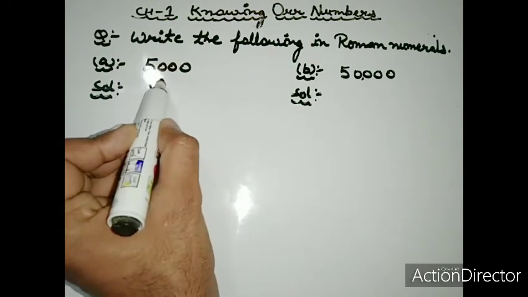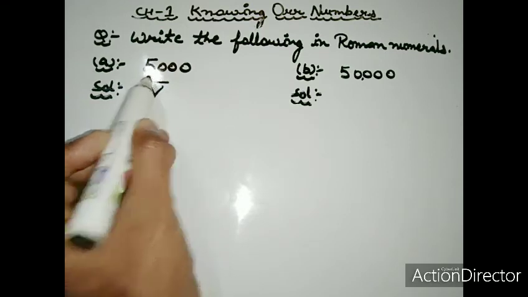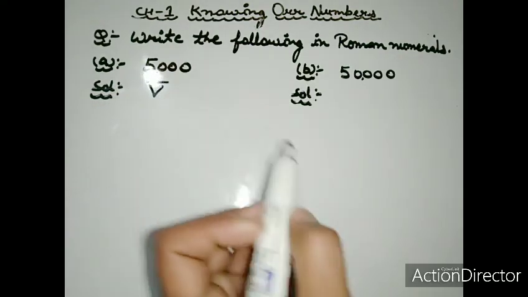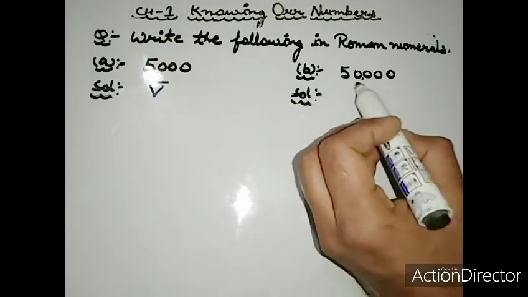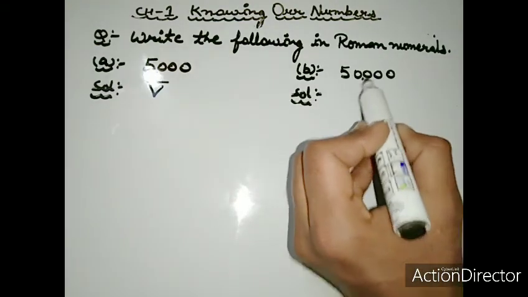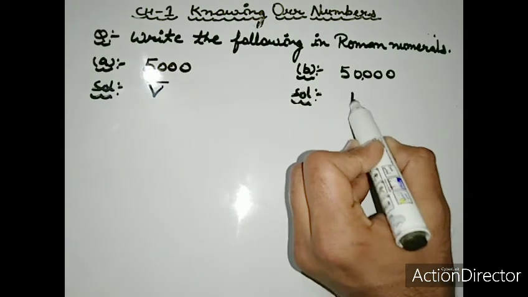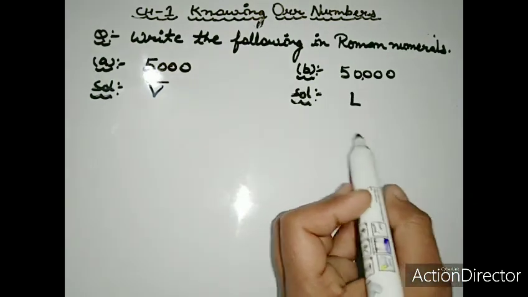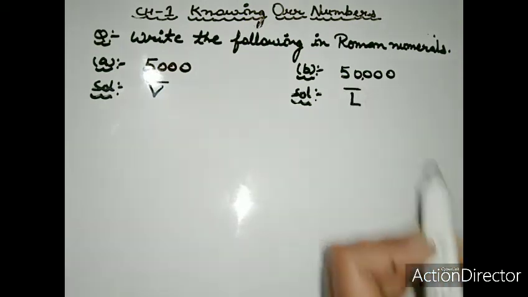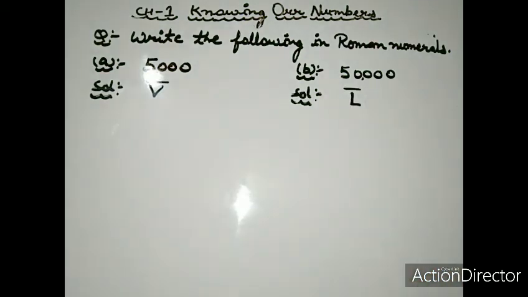And if we place a bar on it, then it means 5000, because 5 is multiplied by 1000. Now if we want to write 50,000, first we write 50, and the symbol L represents 50, and here we place a bar on this numeral, then it represents 50,000.